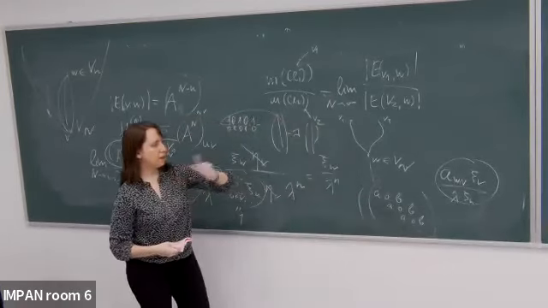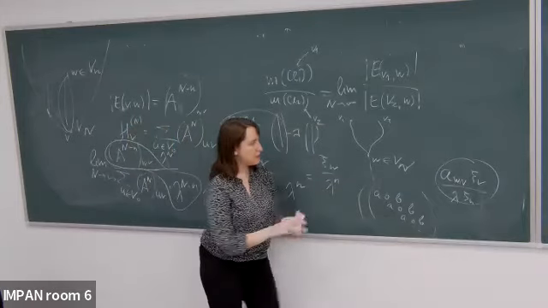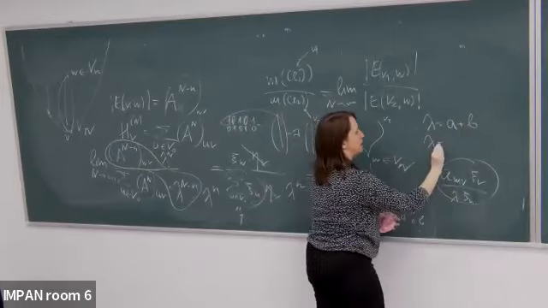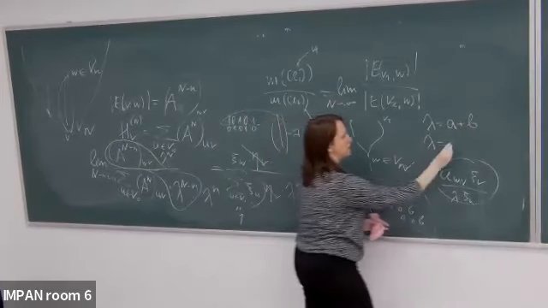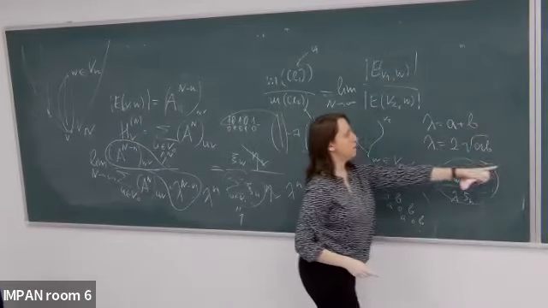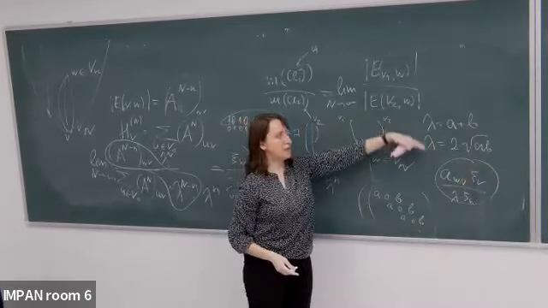So we gave an example of two lambdas. The first lambda is A plus B. The second lambda is two times the square root of AB, and we give formulas for the eigenvectors. They both generate invariant measures.